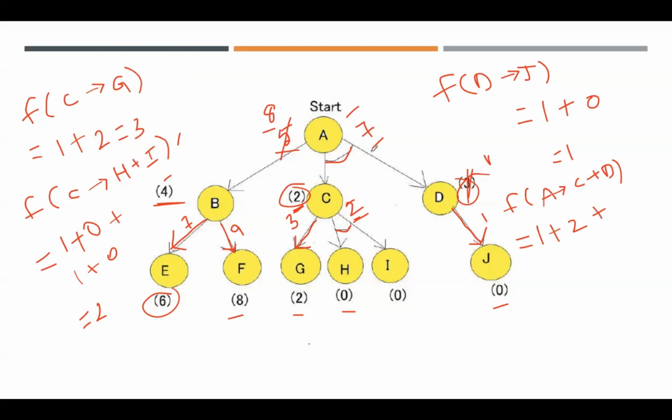Now take D. G of D is 1. Now you need to take the updated value of H of D. The updated value of heuristic on D is 1. So that is 5. So now this value is 5.